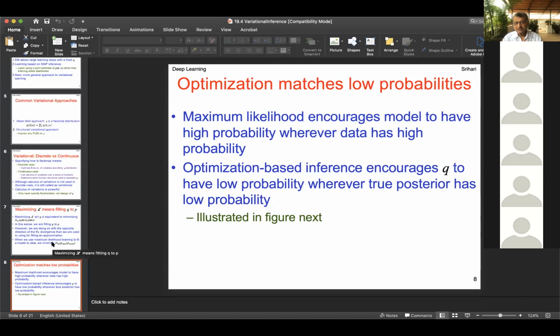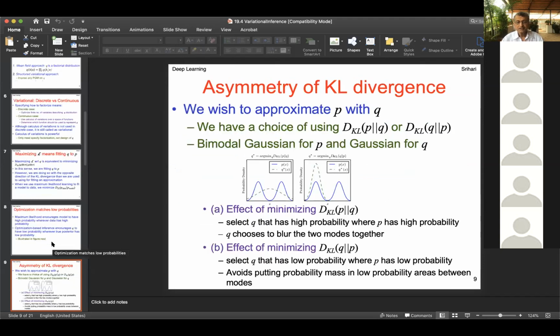So we have to take it that with maximum likelihood, wherever the data has a high probability, give it a high probability. What about wherever the data has low probability? Optimization says you have to give the model a low probability there. So we have got two parts to it. So it brings in a little bit more color to Kullback-Leibler divergence.